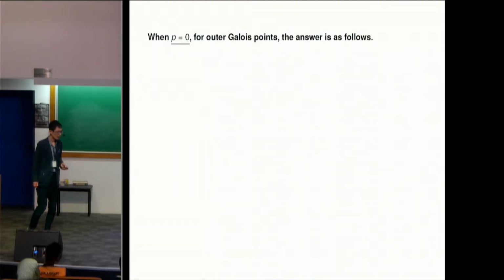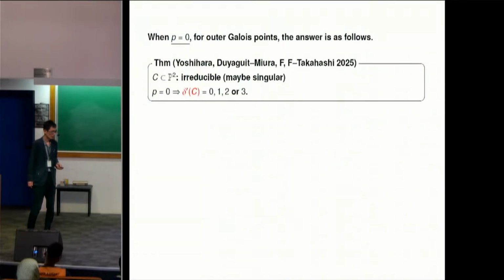Furthermore, for the case of characteristic 0 and outer Galois points, the answer is as follows, gathering the results of Yoshihara, Miura, Takahashi, and me. The last paper was written this year. Let C be an irreducible, maybe singular curve. When p is 0, delta prime(C) is 0, 1, 2, or 3.